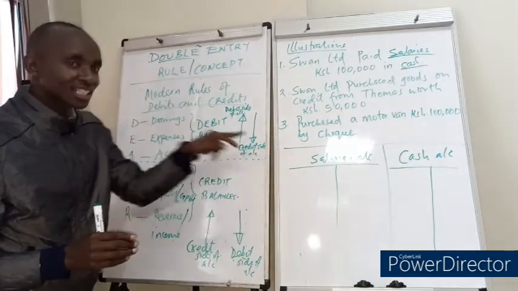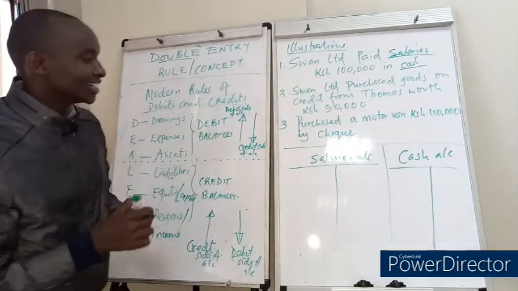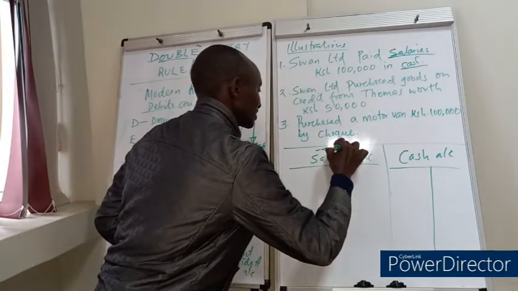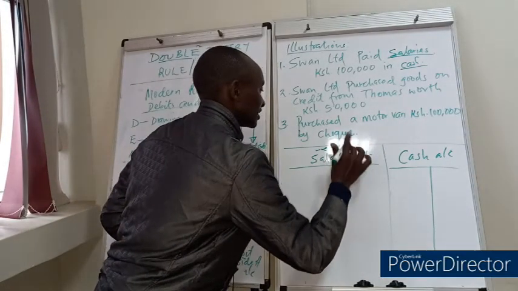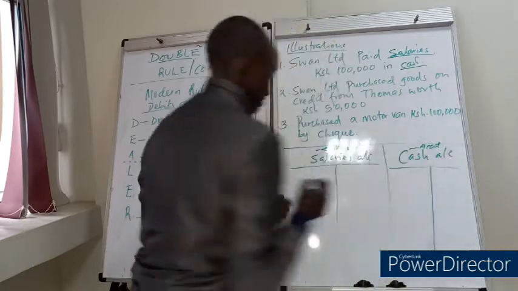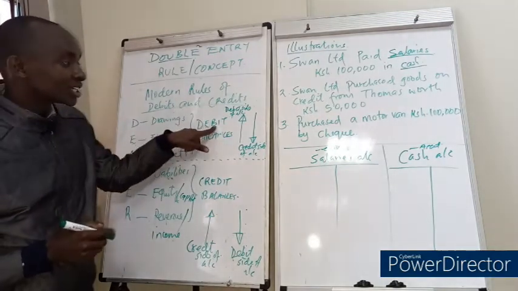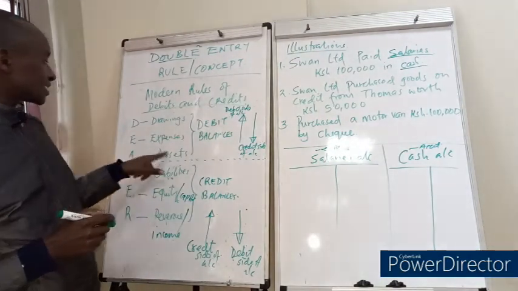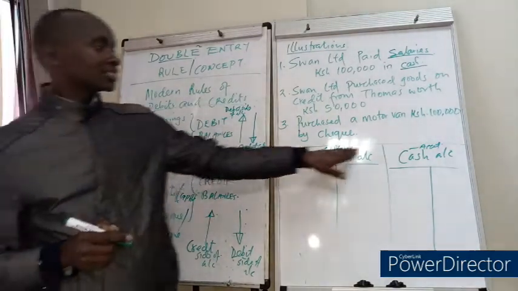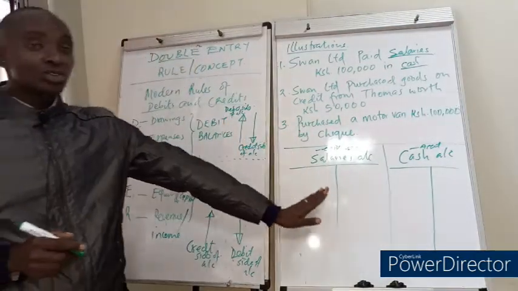Salary is an expense. Expenses have got debit balances. So these are expenses, isn't it? Expenses. And these are an asset. So from what we had explained here, expenses have got debit balances. Assets have got debit balances. Are we together? So that is what I'm expecting from what we've done here.